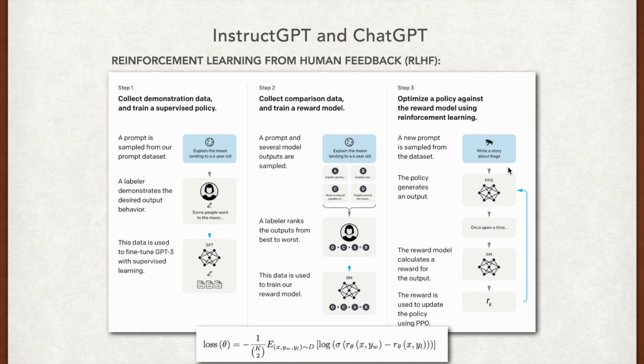Here, a given prompt is processed using the policy so that the policy produces the candidate answer. The reward model we trained in the previous step is used to rate this answer, and the reward calculated is used to update the policy. The model learns to maximize the reward.